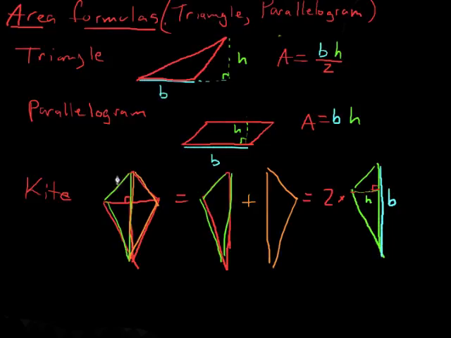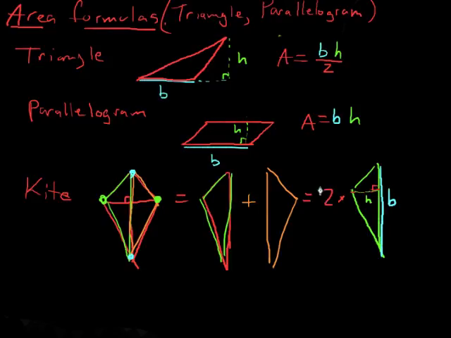However we're given the dimensions of this kite, the only dimensions we're really interested in for area, not perimeter, are the distance from here to here, which would be the base of this triangle, and the distance from here to here, which would be twice the height of this triangle.